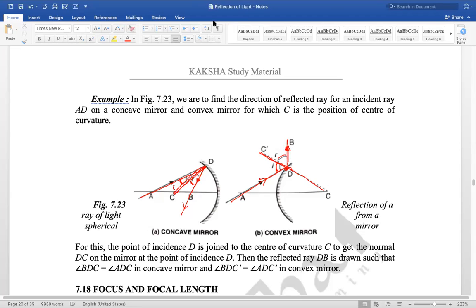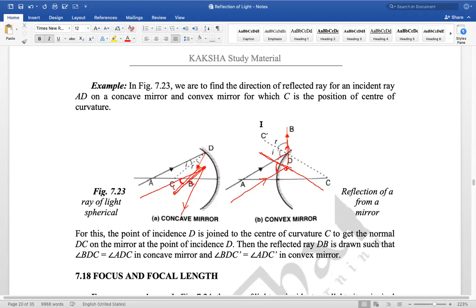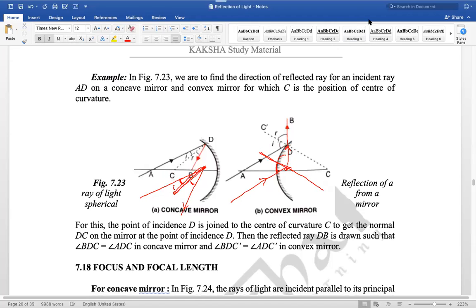Now, an example. In figure 7.23 we are to find the direction of the reflected ray for an incident ray AD on a concave mirror and a convex mirror, for which C is the position of the center of curvature.